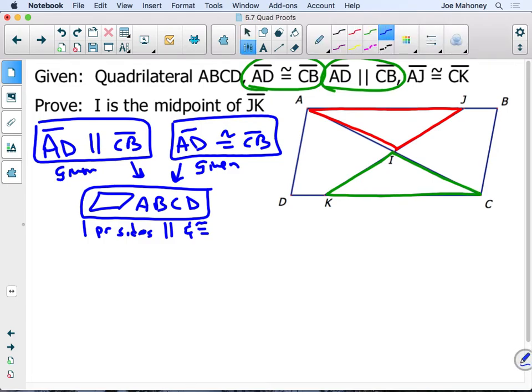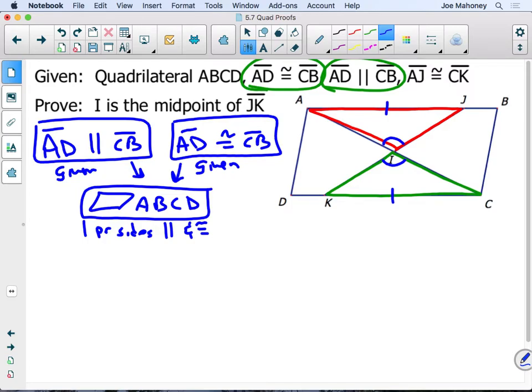I know that I've got AJ congruent to CK. That was given. How about a pair of vertical angles? I've got that. Maybe we can use the fact that it's a parallelogram and we have parallel sides to get a pair of alternate interior angles. Yeah, parallelogram proofs just scream to use alternate interior angles. They really do.